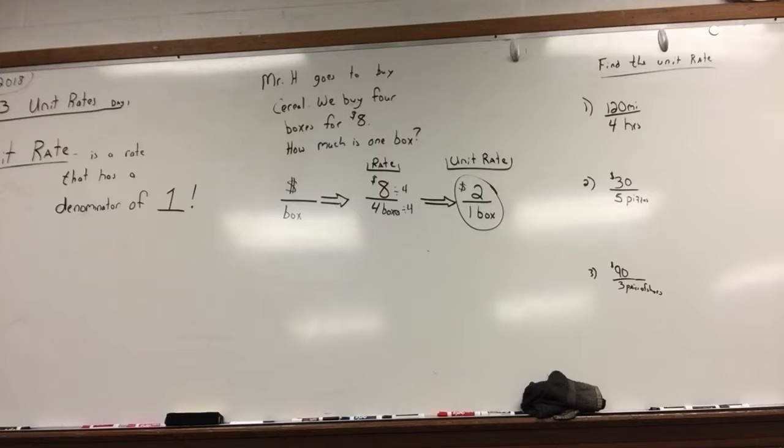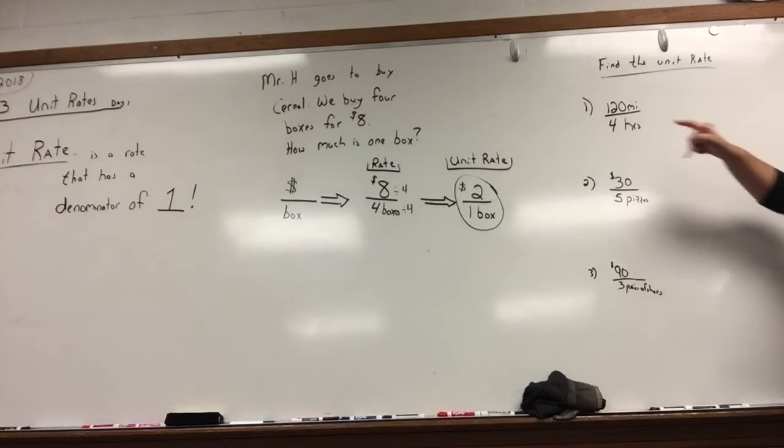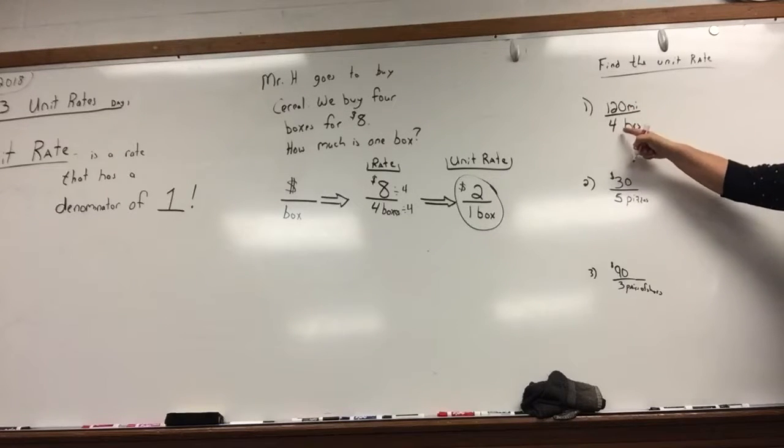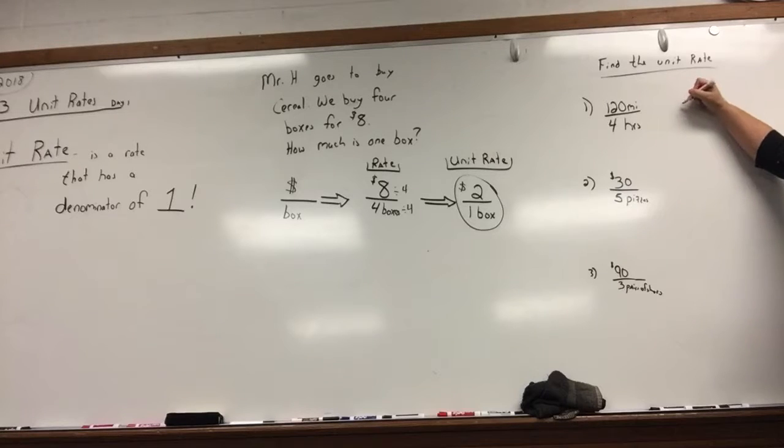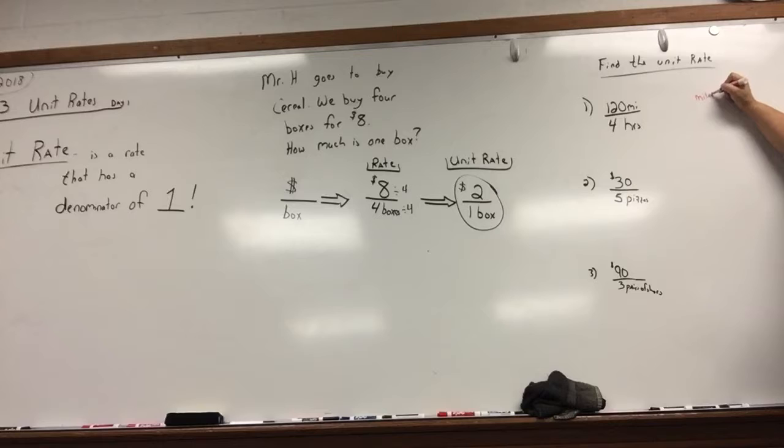Guys, you still keep the label, so if this first one says 120 miles in 4 hours, your unit rate label is going to be miles per hour, okay? Keep that label with it or the answer doesn't mean much.